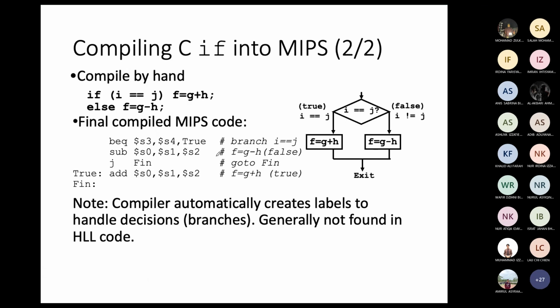On the next slide, they show you how to write it in MIPS. They are using true for the true statement, so true for the true label, and then fin here is to exit from the if statement.